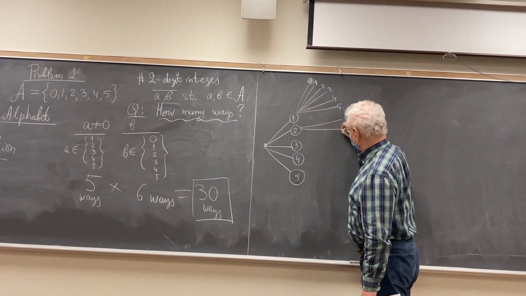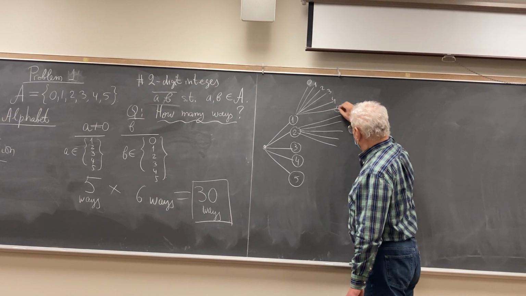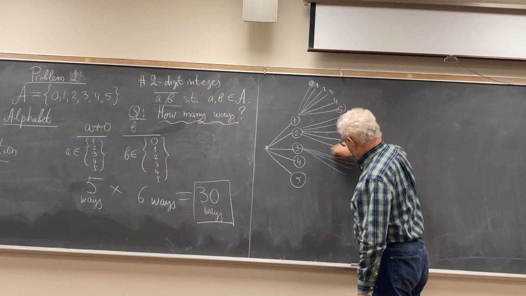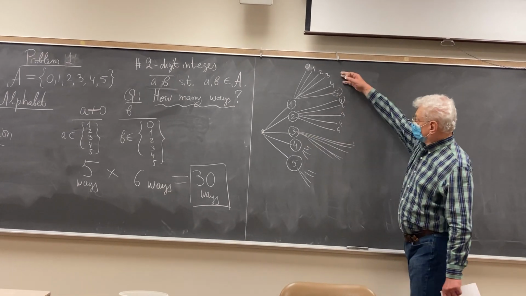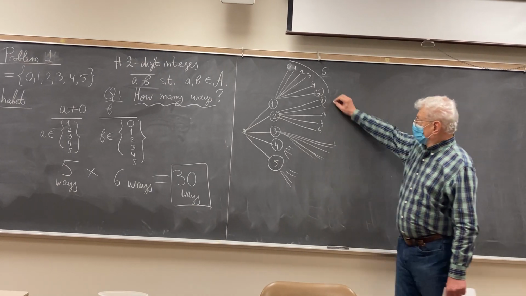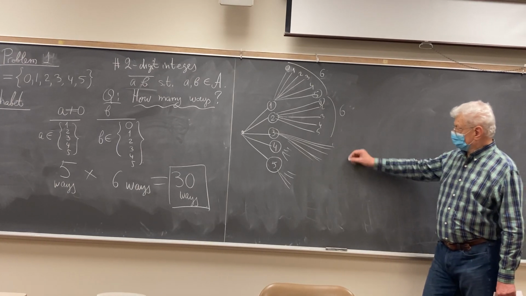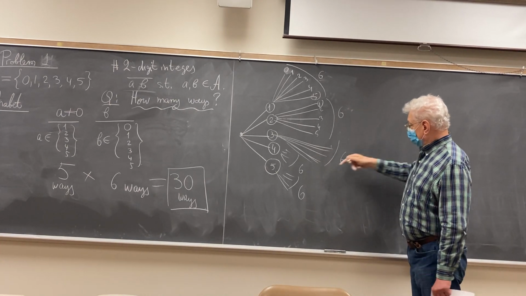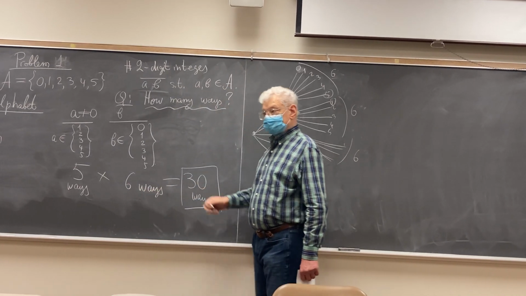And then the same thing here, 0, 1, 2, 3, 4, 5, and likewise here, and so on. Let me not draw all of it. So you have 6 extensions of digit 1, 6 extensions of digit 2, and so on, 6 here, 6 here, 6 here. So you take 5 times 6, and that's why I have 30.